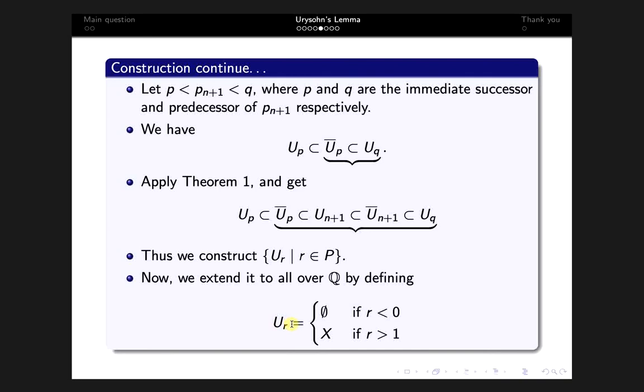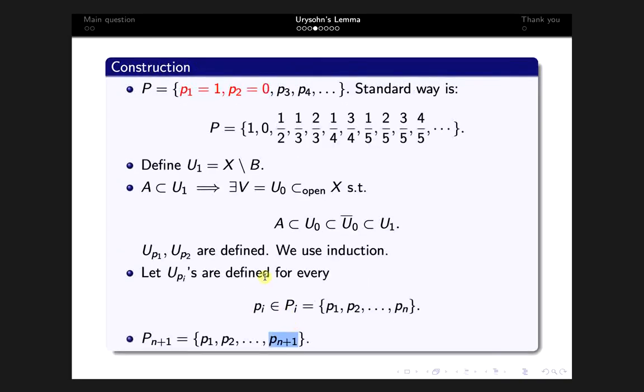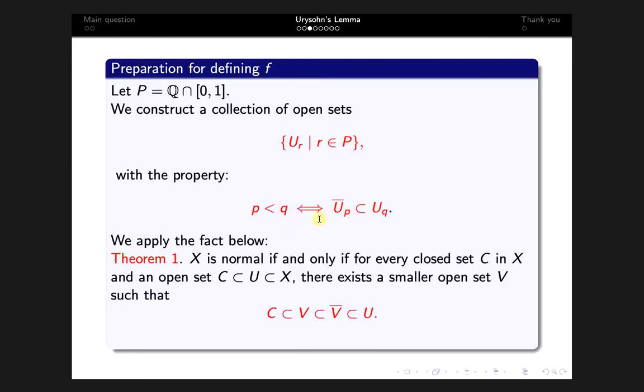And what is U_0? U_0 is an open set containing A. So x belongs to A means x also belongs to U_0, and for every rational R greater than 0, U_0 is contained in U_R. So that is the condition.